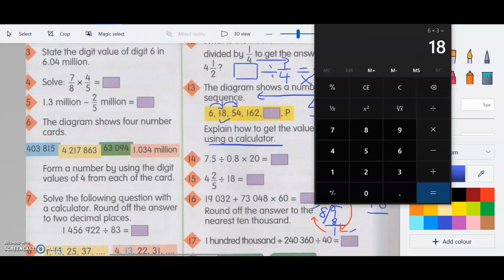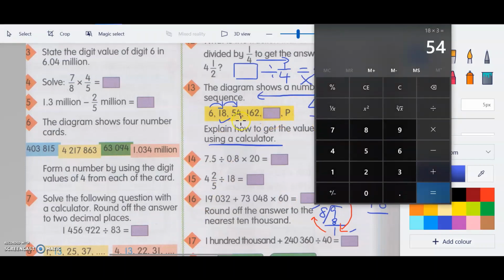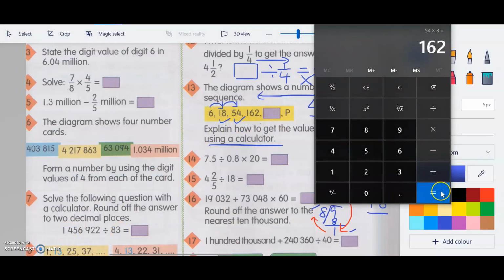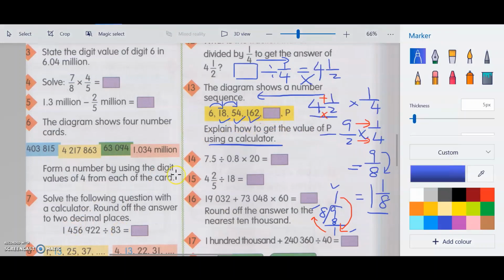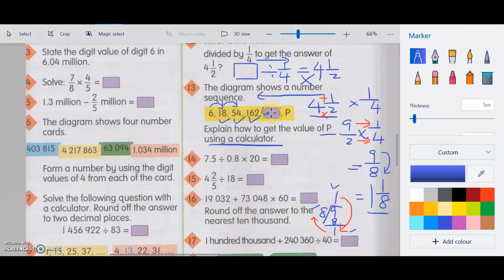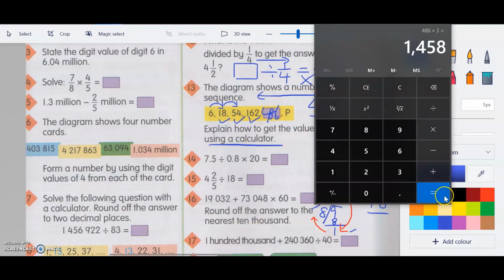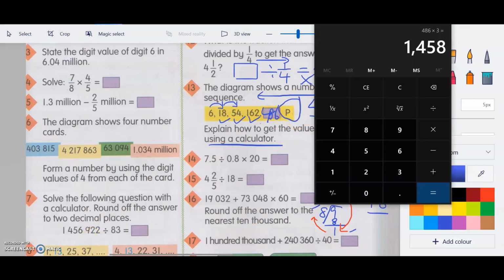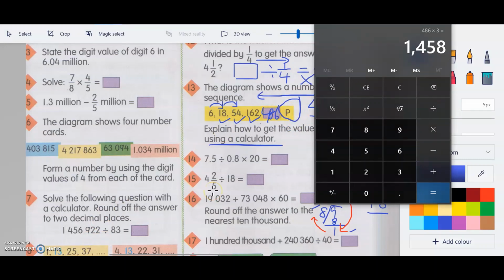Then we press the equal sign again, we get 54. Then again, we get 162. Again we get 486. Again we get 1458. This is how we find P using a calculator.